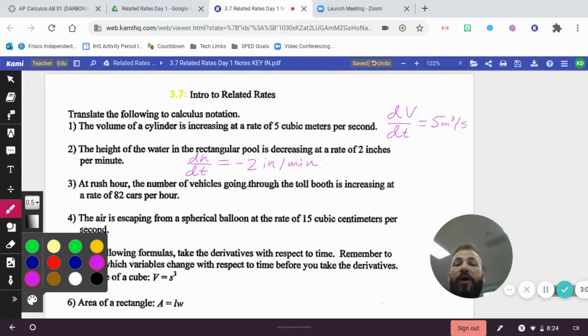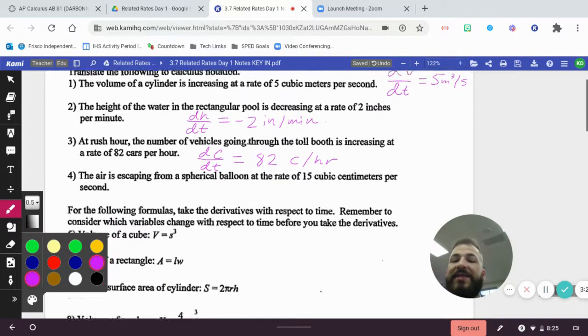At rush hour, the number of vehicles going through the toll booth is increasing at a rate of 82 cars per hour. This one's a little weird, but I'll do maybe dC dt for cars. So dC dt is increasing, so 82 cars per hour.